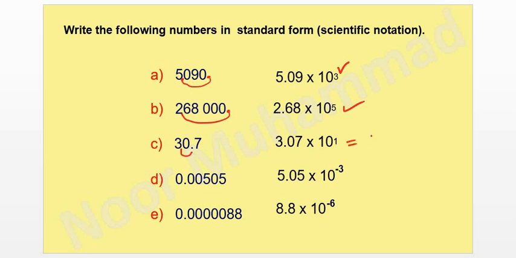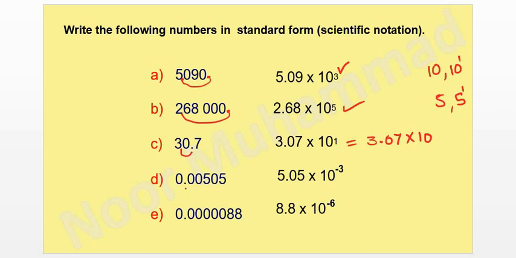And this can also be written as 3.07 times 10 only, because in my previous video when I was explaining the indices, I told you that 10 and 10 to the power 1, or 5 to the power 1, it's the same.